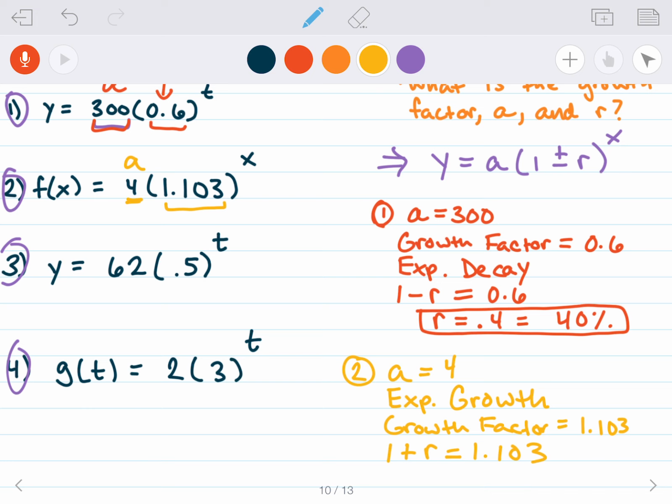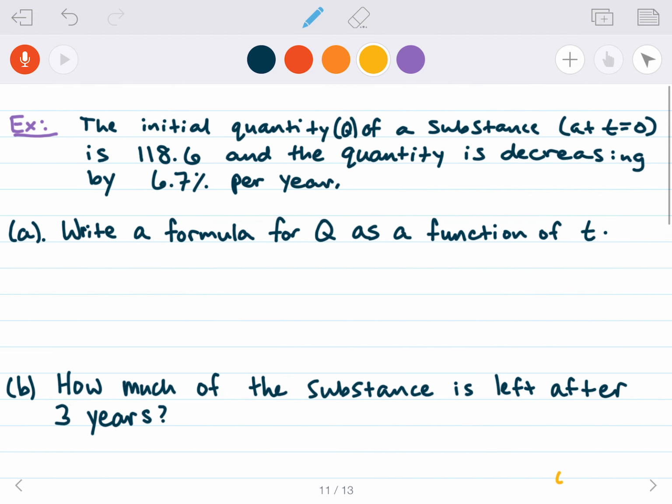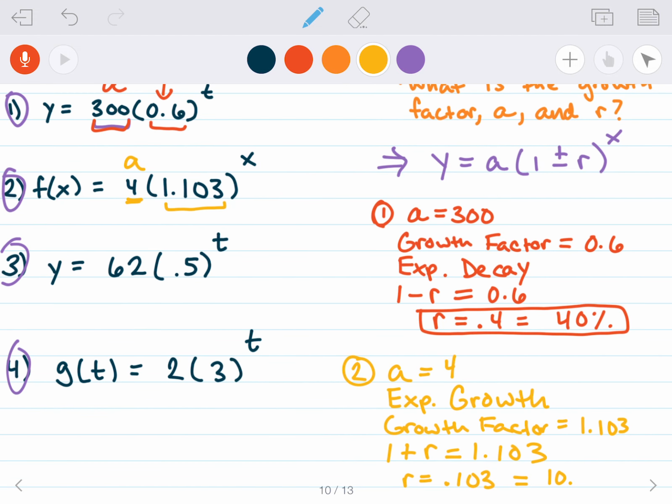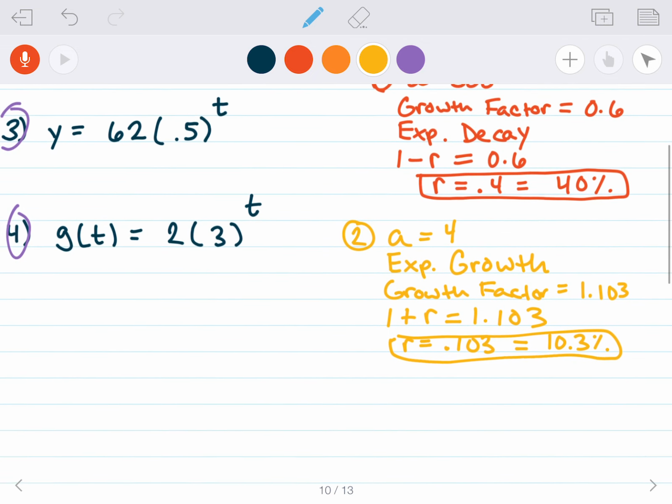So basically just subtract 1 from 1.103 to get that r is 0.103, which is equal to, if we move the decimal 2 places to the right, 10.3%. Okay, so that's r, and then we have our growth factor. All right, beautiful.